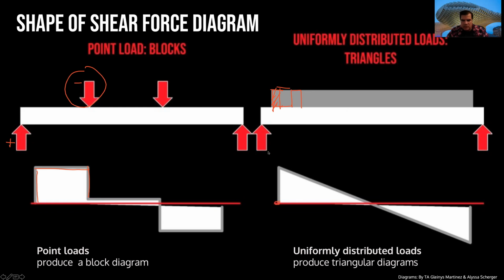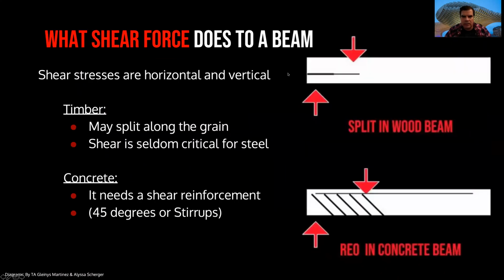Well, you start in 0, you go up, whatever the reaction is, and you start going down according to the information that we got. Let me clear this and go to the next.